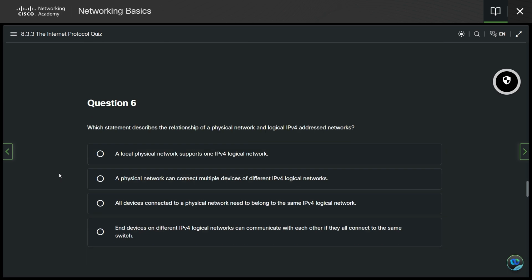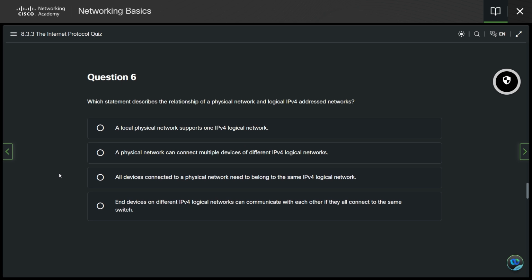Question 6: Which statement describes the relationship between a physical network and logical IPv4 networks? A physical network supports one IPv4 logical network. A physical network can connect multiple devices of different IPv4 logical networks. All devices connected to a physical network need to belong to the same IPv4 logical network. And devices on different IPv4 logical networks can communicate with each other if they are connected to the same switch.